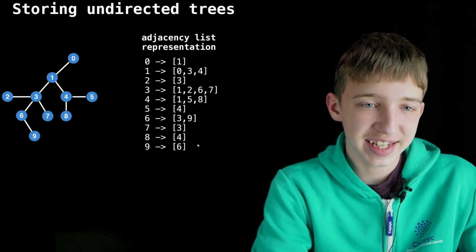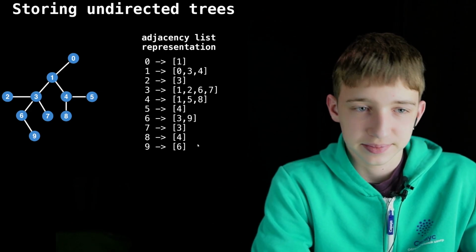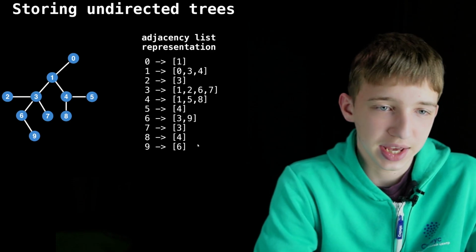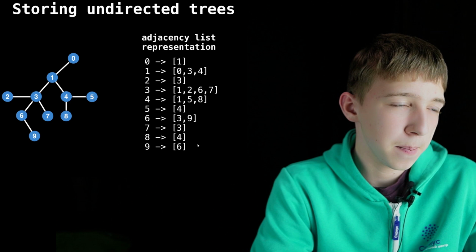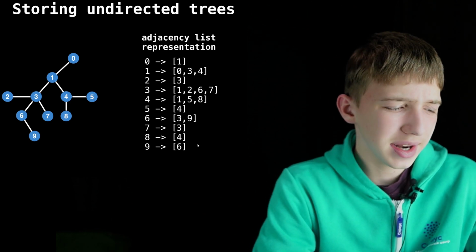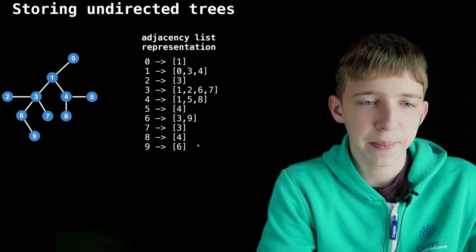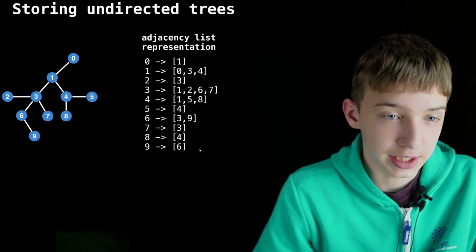So in this representation, you store a mapping between a node and all its neighbors. Here is how it works: we can make it as a map or dictionary in Python. However, it is much easier just to store this mapping using a list of lists, vector of vectors in C++, whatever.